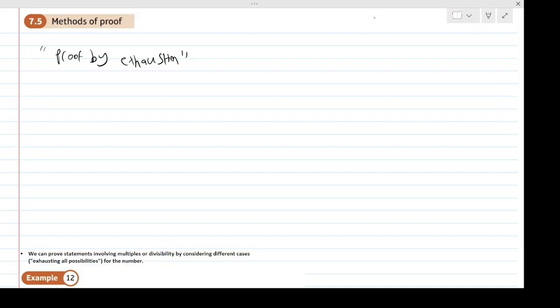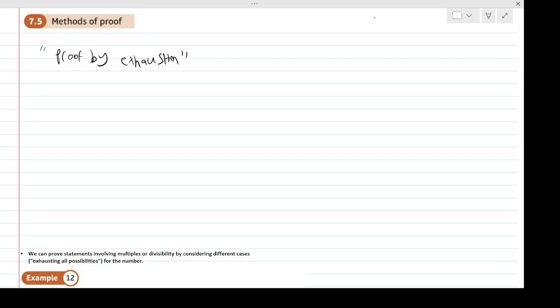You create different cases, and the idea is that you exhaust all the cases, that it's true for every single case, and therefore every single case is proven. That means it has to be true for everything, right? So therefore we prove it that way. It's a different, roundabout way of proving it rather than directly. So we split it into cases and then do it case by case.